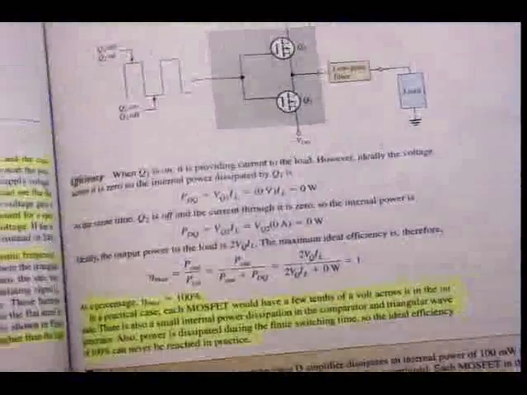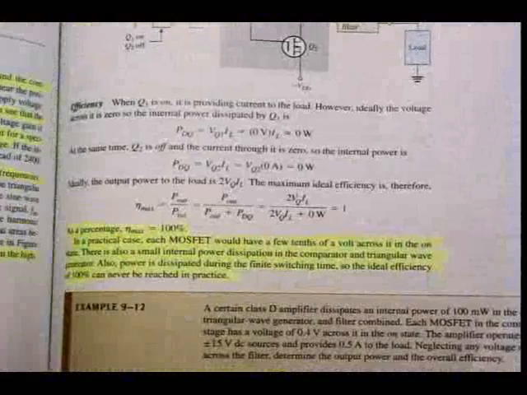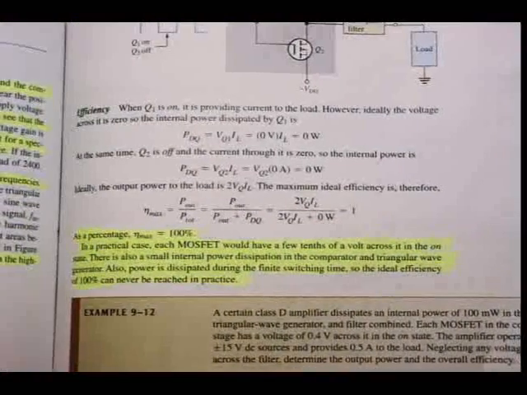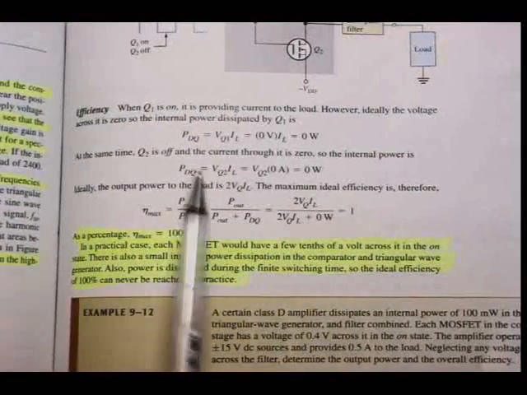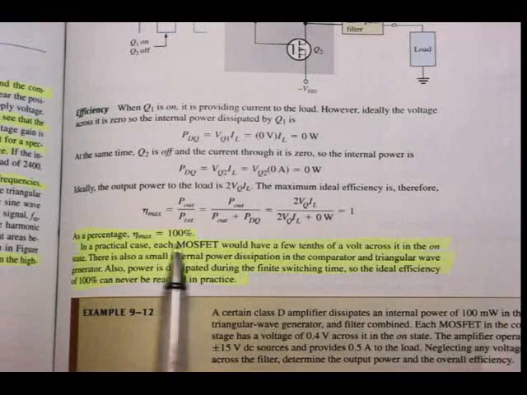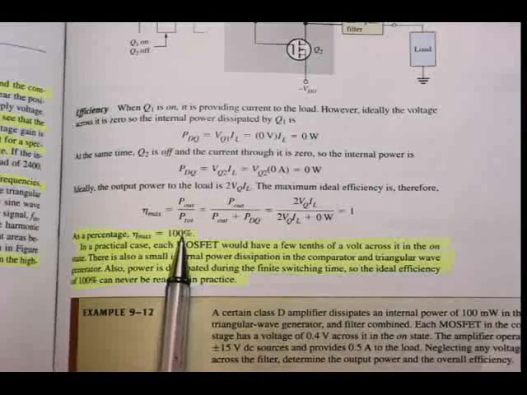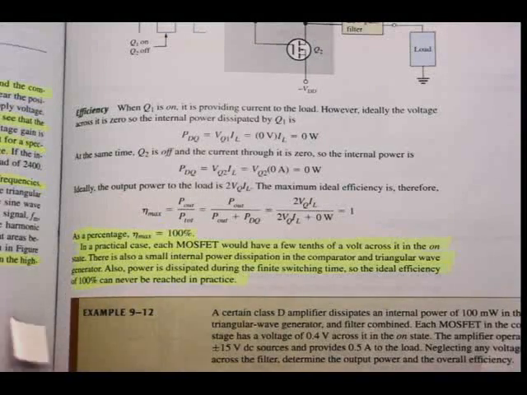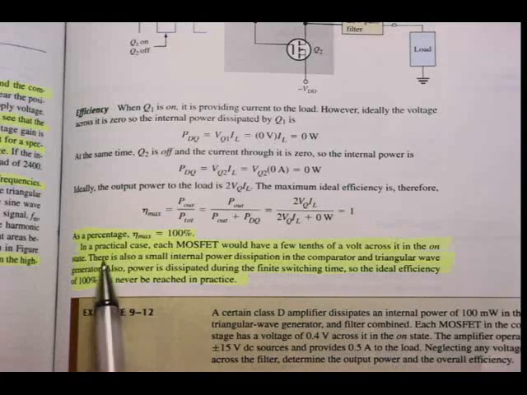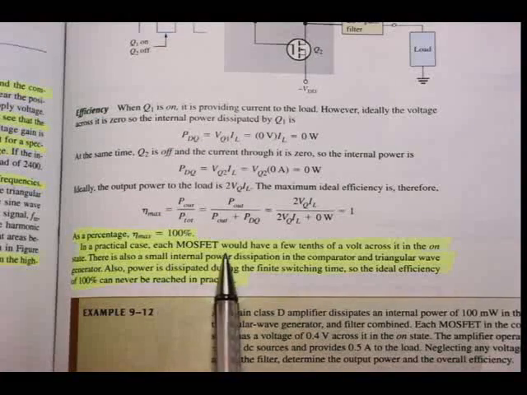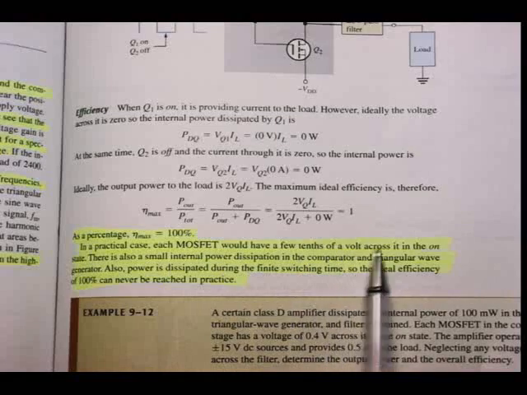All right. So, as we can see here at the bottom, just below figure 929, the efficiency was 100%. But please mark that last paragraph as well, where it says, in a practical case, each MOSFET would have a few tenths of volts across it in the on state.